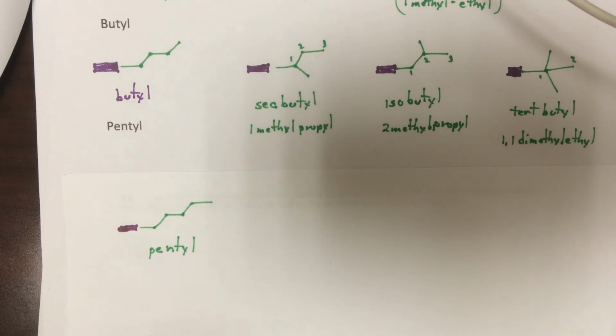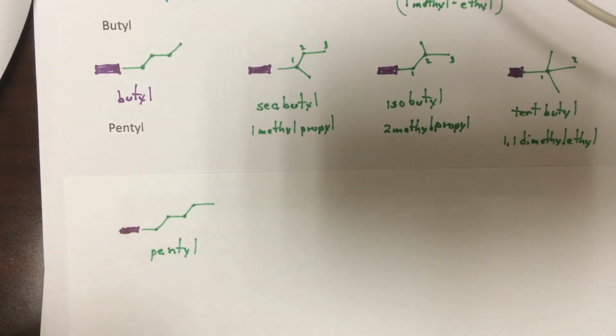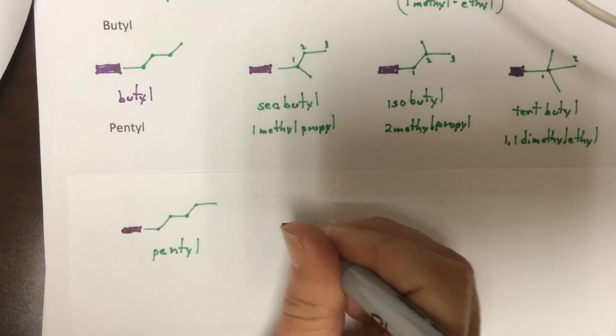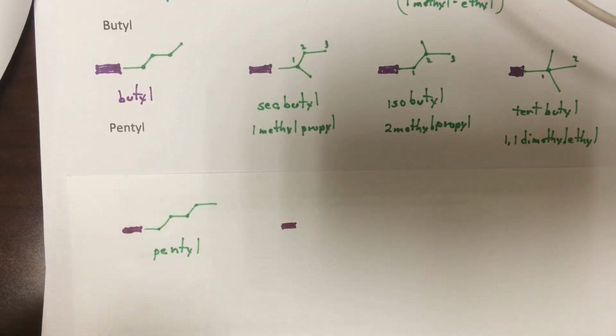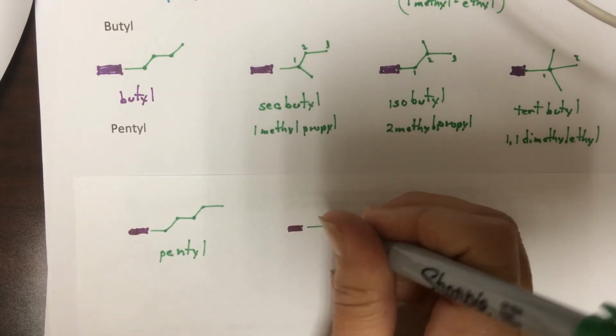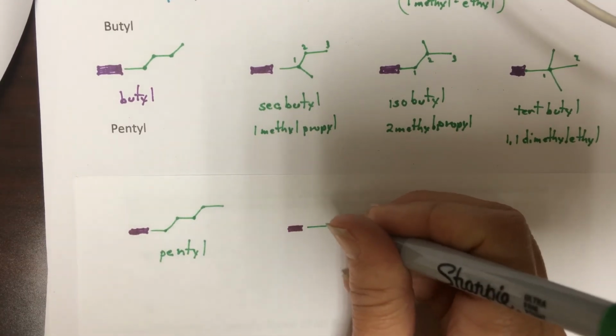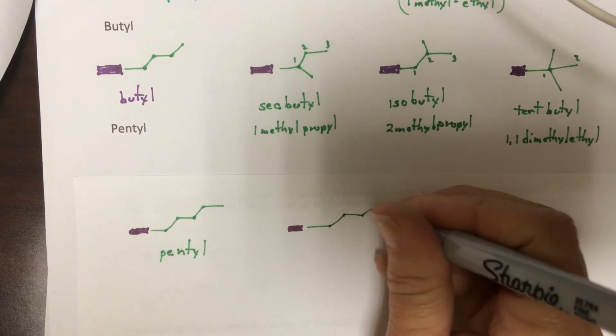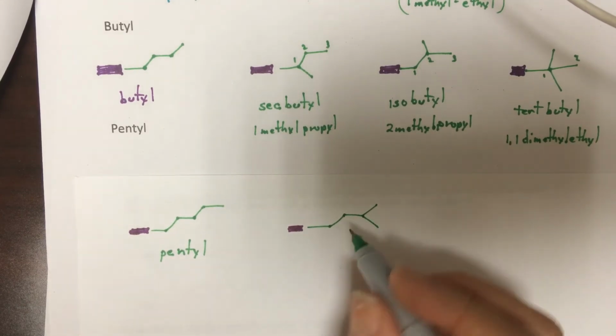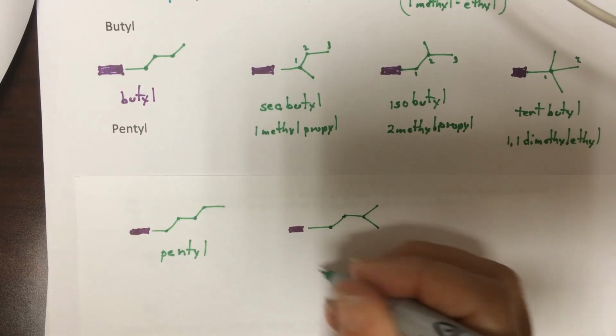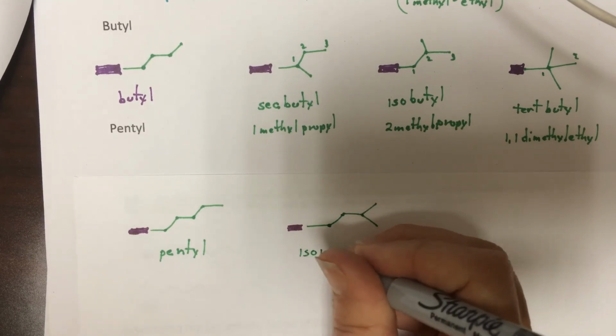You can have an isopentyl, which is going to have that little forky thing on the end. 1, 2, 3. There's our 5 carbons, but they've got a fork on the end, so that makes it an isopentyl.